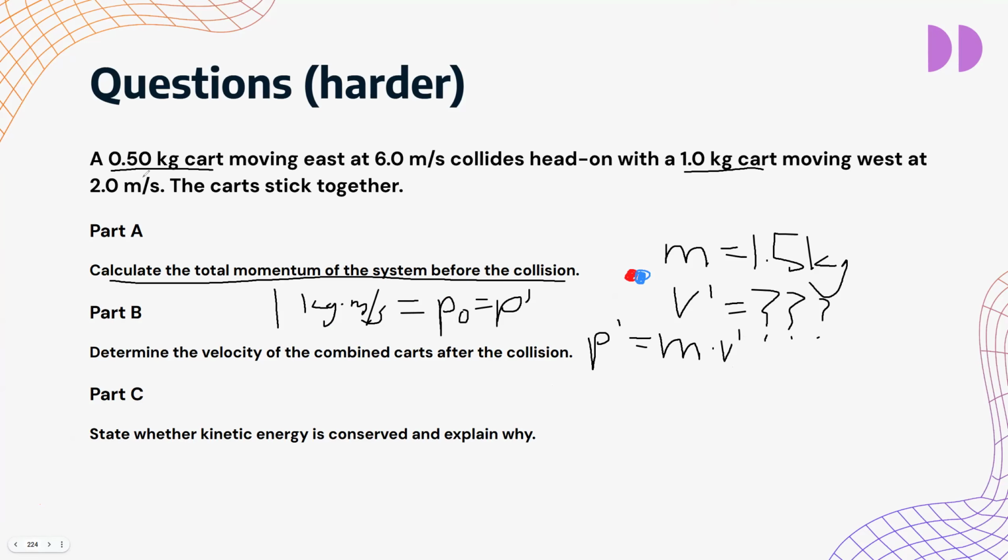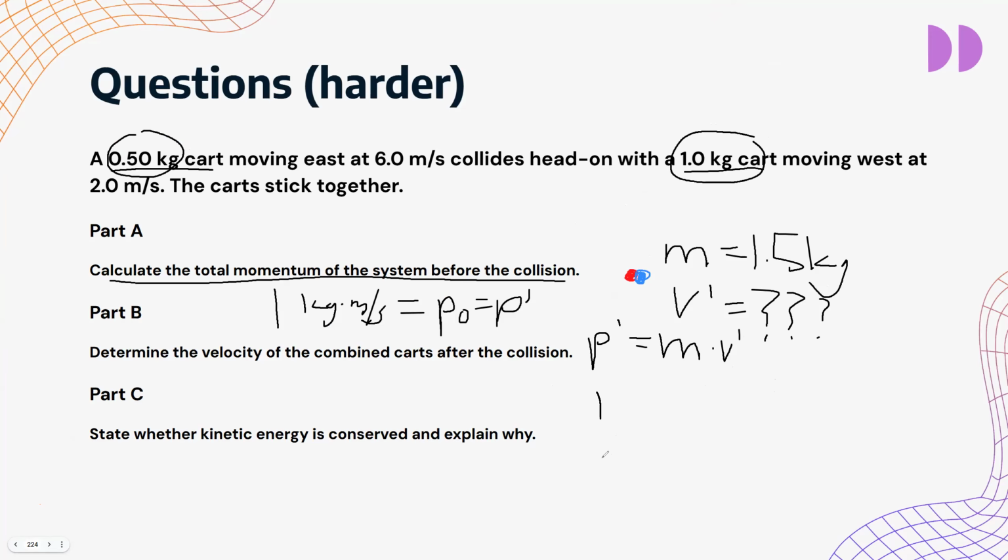So why is it 1.5? Okay, so we know the red ball weighs 0.5 kilograms. It says right here. And the blue ball weighs 1 kilogram. So we add 1 plus 0.5, we get 1.5 kilograms, and that's how I got 1.5 for this combined system. Okay. Oh, okay, got it.